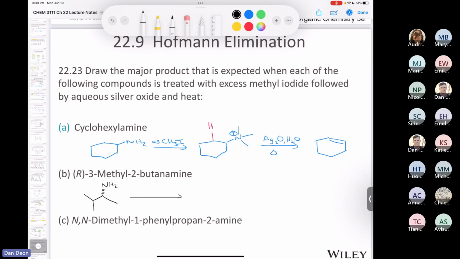After we treat this with excess iodomethane, and then in the second step with silver oxide, water, and heat, I can either abstract the red proton or the blue proton. Could anybody tell me which proton I'd pull off? Would it be the red one or the blue one? Yeah, thanks, Audrey. Absolutely, it's the red one. So I would end up with the Hofmann product, the Hofmann alkene.